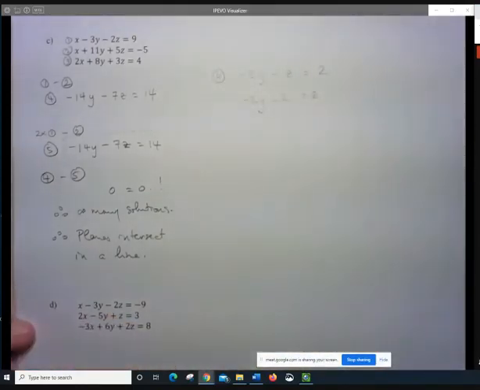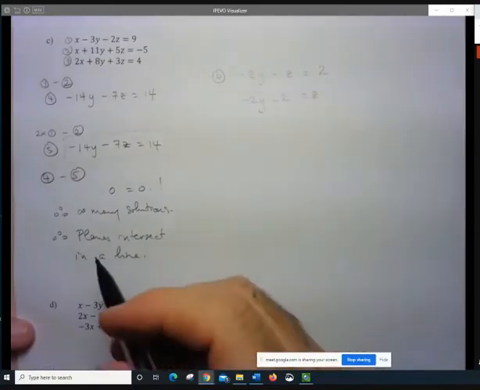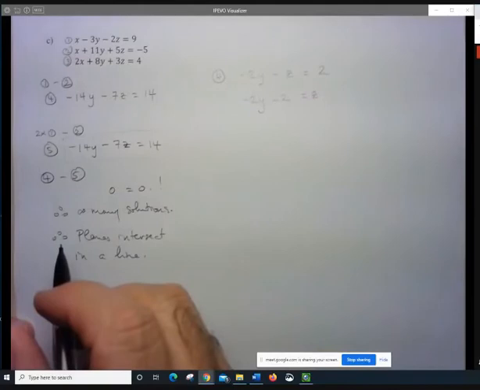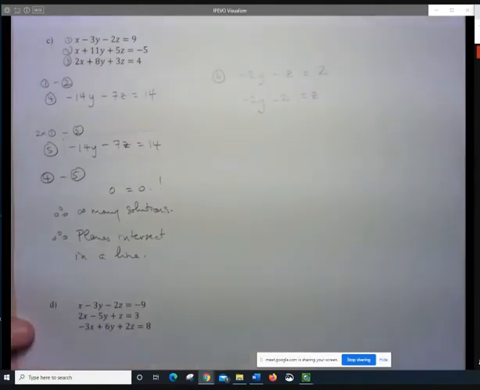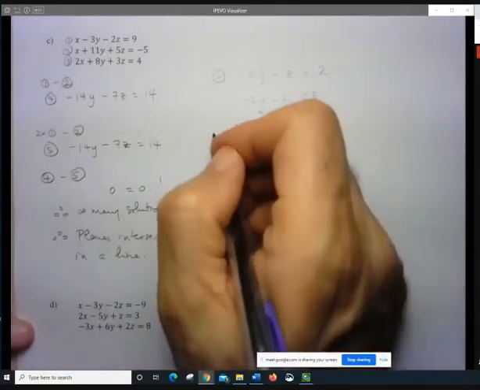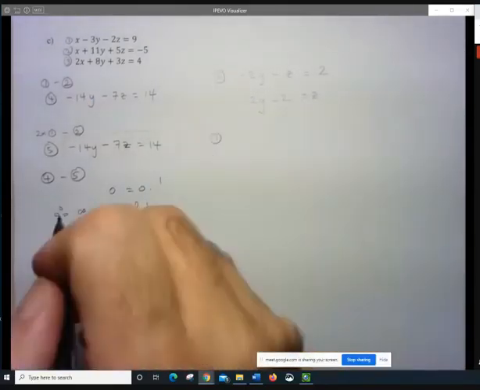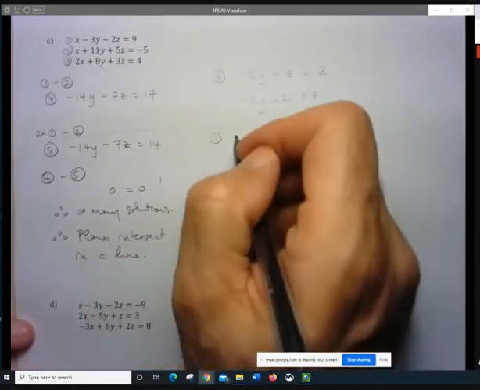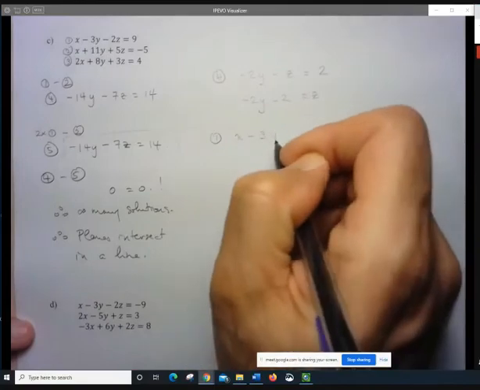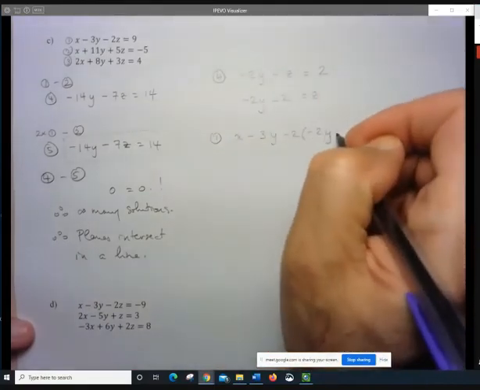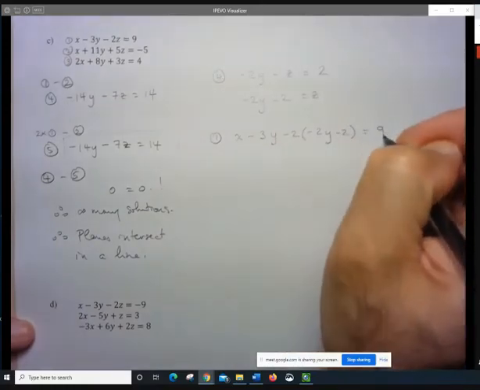And so now I'm just going to do exactly what I did before, go back to one of the other equations and write x in terms of y. Here I'll pick equation 1. Again, try to show exactly what you're using at every step. Equation 1 says x minus 3y minus 2 times z, which is negative 2y minus 2, is equal to 9.